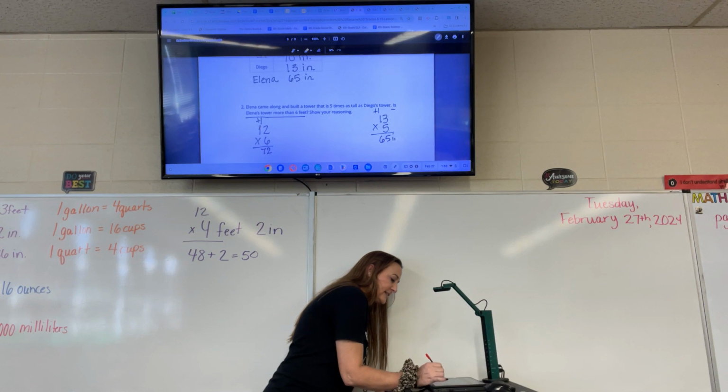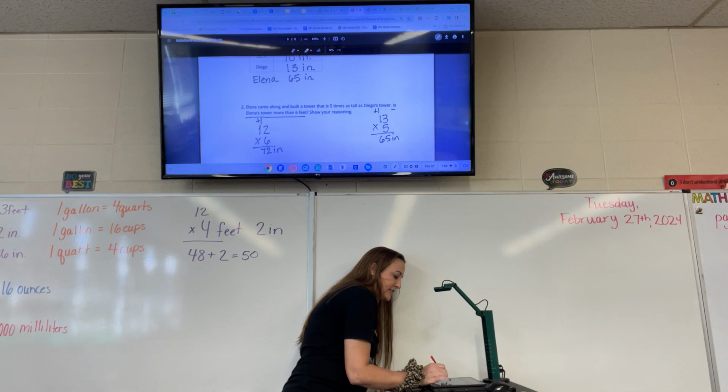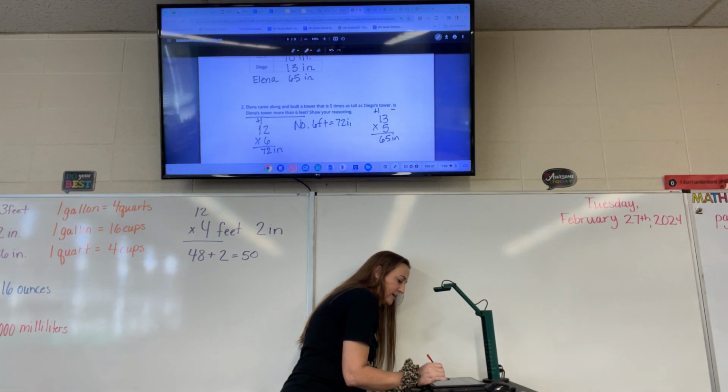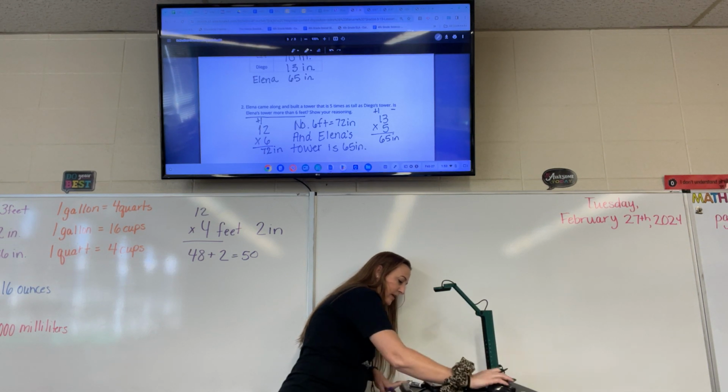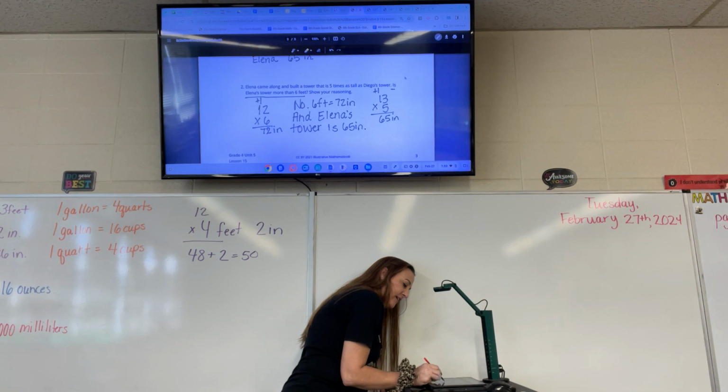Alina's tower is 65 inches. So, is Alina's tower more than 6 feet? No. 6 feet equals 72 inches, and Alina's tower is 65 inches. 65 is less than 72.